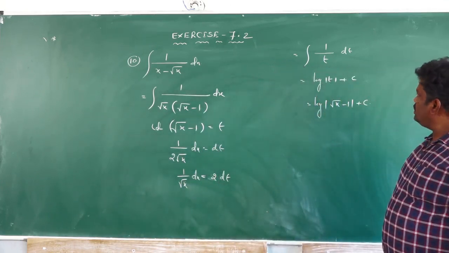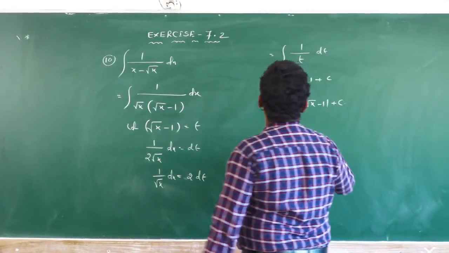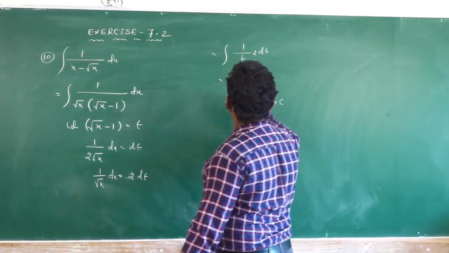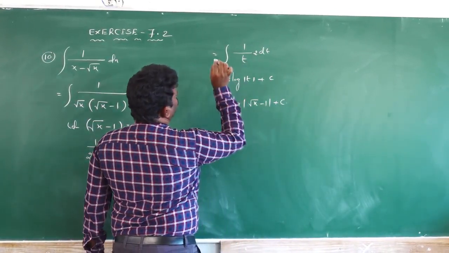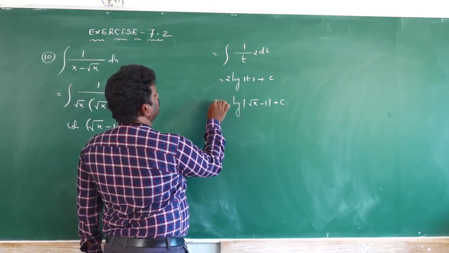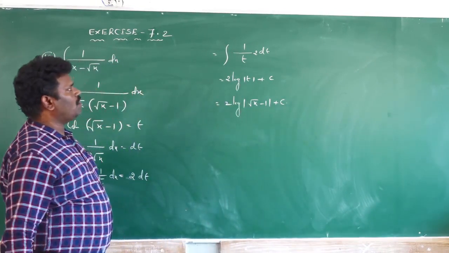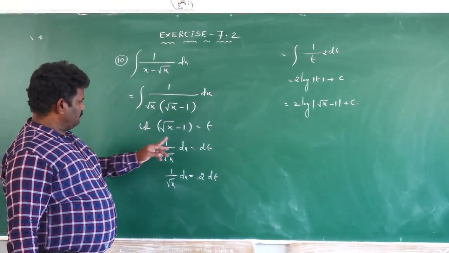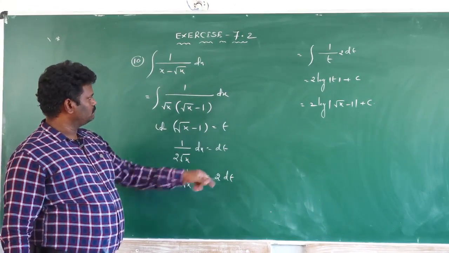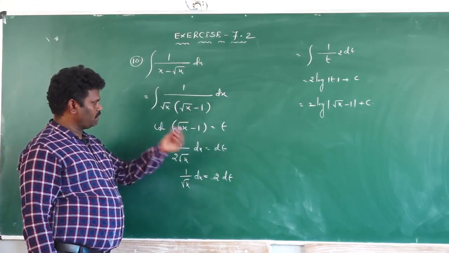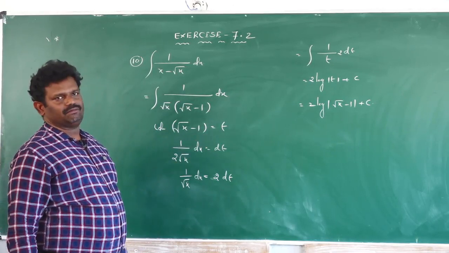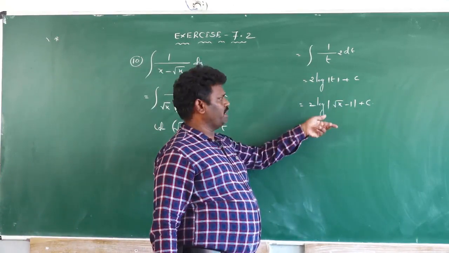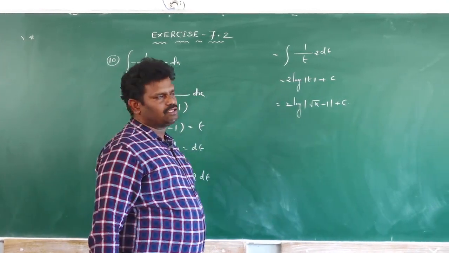Sorry, here 1 by root x dx is equal to 2 dt, so 2 into log of root x minus 1 plus c. Okay? The 2 is a constant; if you take it inside the log, otherwise you can also write log of root x minus 1 whole square plus c, that is also correct.